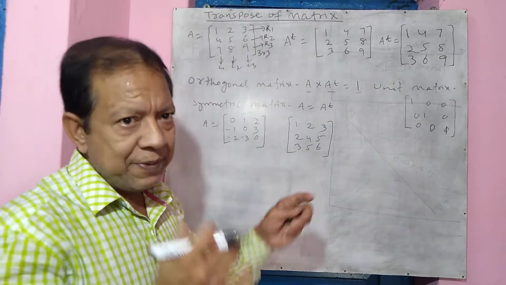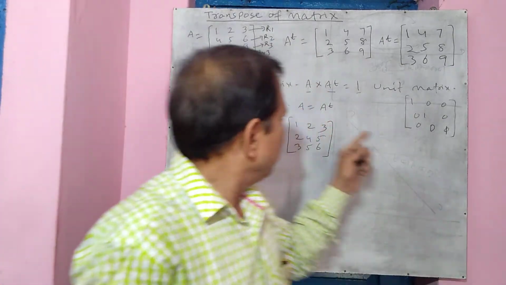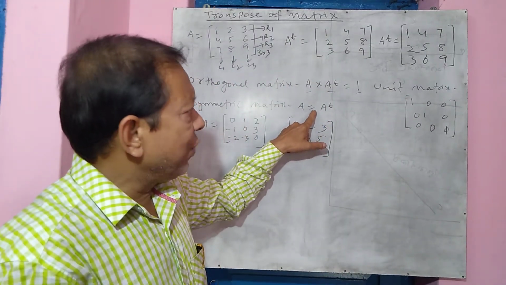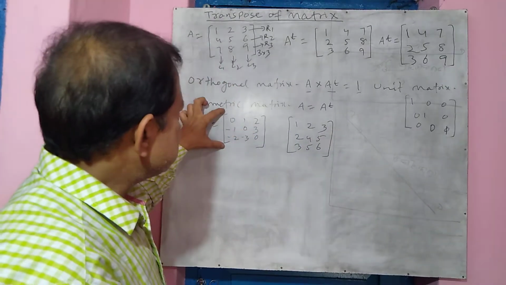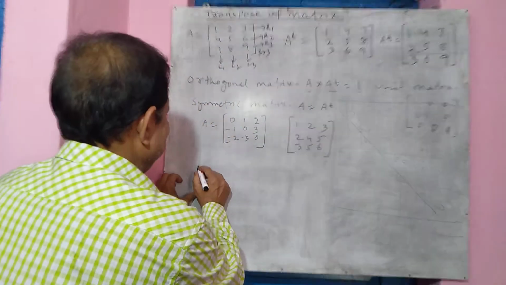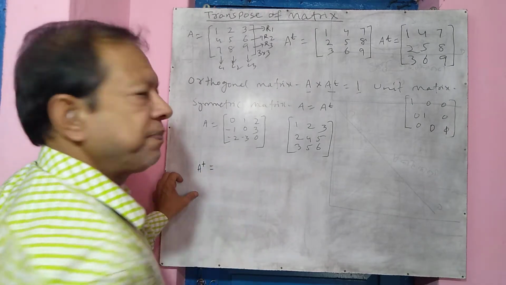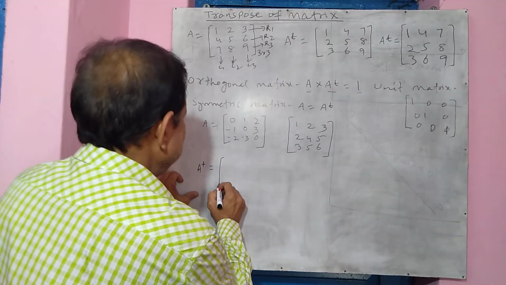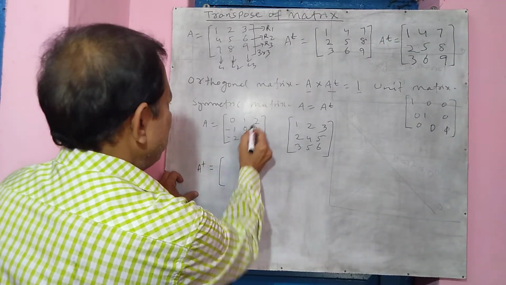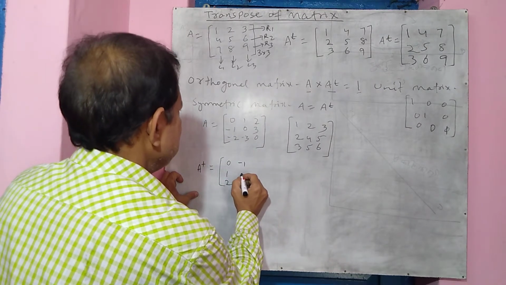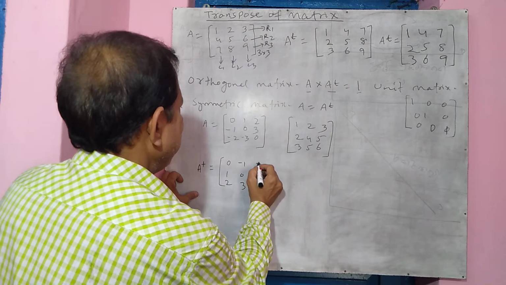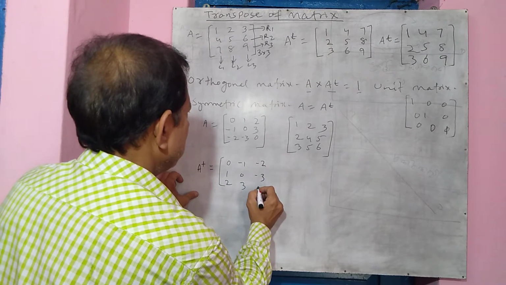Symmetric means, I told you, if the original matrix A is equal to its transpose, that becomes a symmetric matrix. Now this matrix, let us find out its AT. What will be its AT? 0 1 2, 0 1 2, minus 1 0 3, minus 2 minus 3 0.